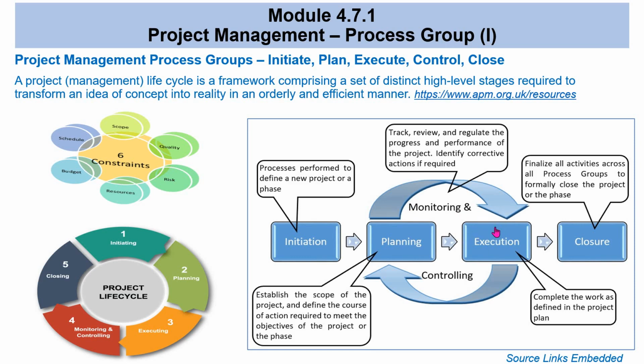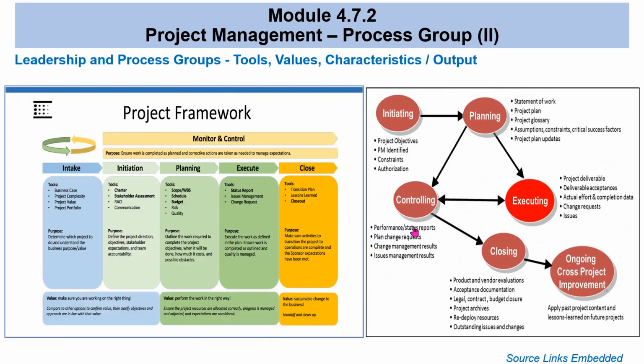And then when everything is done, you finally close the project activities, and you can disperse your team. And when you do this with a group of people, they have to go through the team stages, in which you have the forming, the storming, the norming, the performing, and then adjourning after closure.